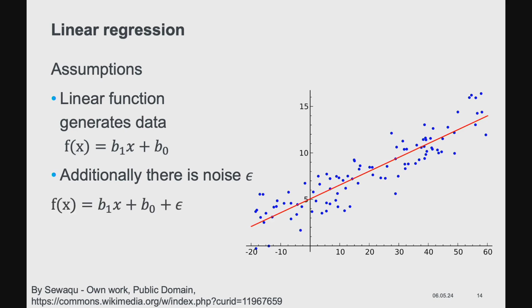It may happen. So what they basically say is that the generating function is some linear dependency from some input variable or predictor variable, plus some bias in terms of offset from the 0 point, plus some noise which changes every time I put in an input variable value.